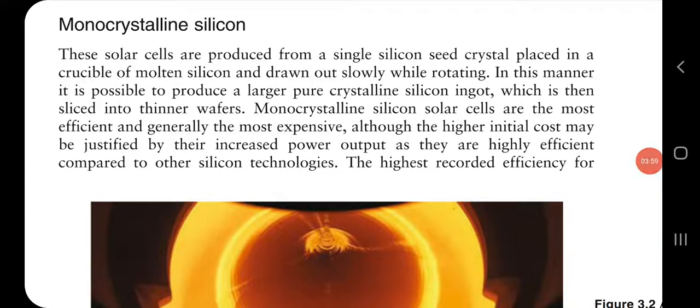Now the next material is monocrystal silicon. The solar cells are produced from a single silicon seed crystal, produced from molten silicon.